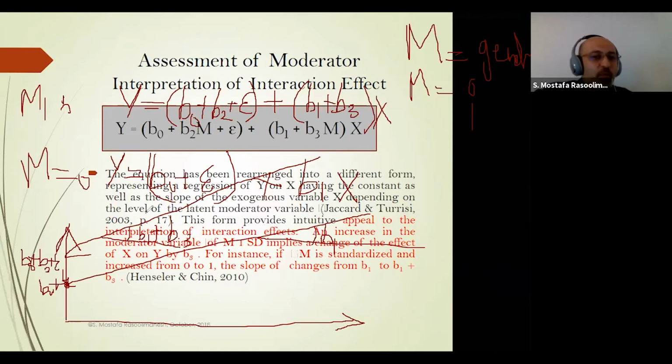So what's the difference between the effect of X on Y for the high level of the moderator and the low level? The difference between these two beta coefficients is B3.